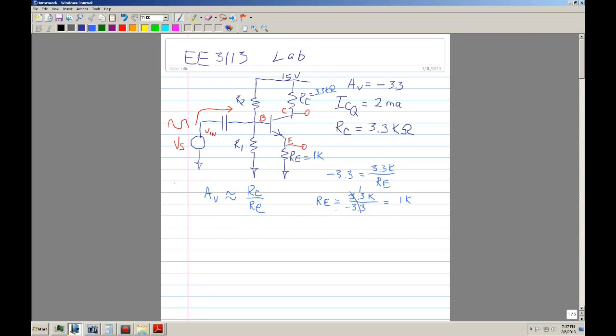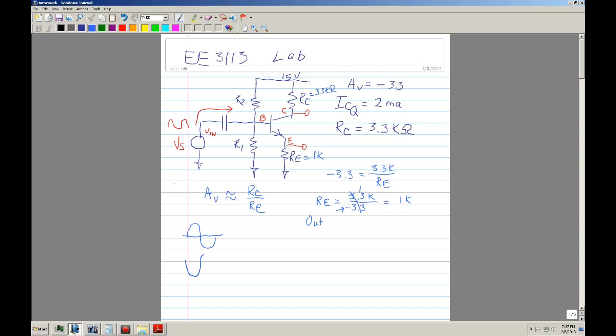No, no. The gain, this little negative, means that it's out of phase. So in other words, if you put in a sine, you'll get the opposite, the inverse.